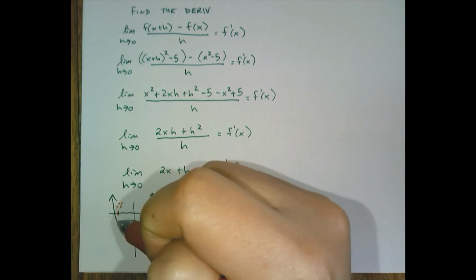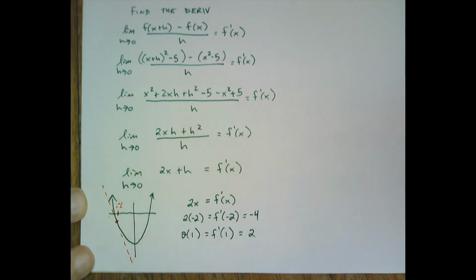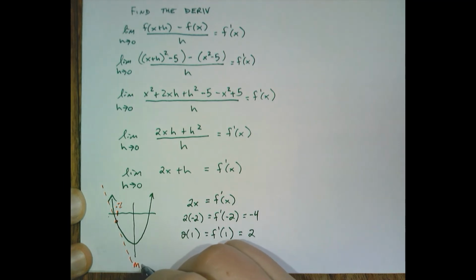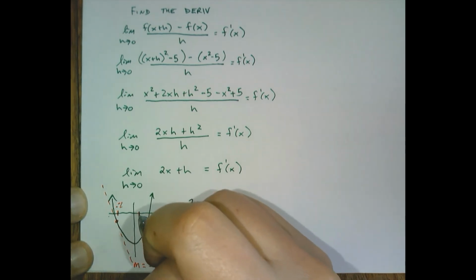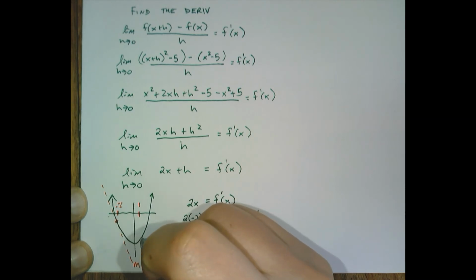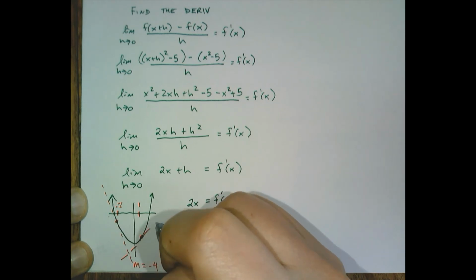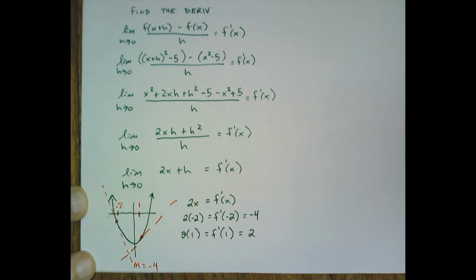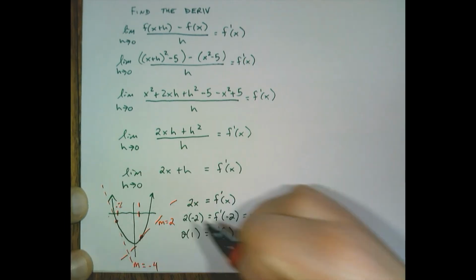Here at -2, the slope of the graph we found was -4. Then we asked, what is the slope at 1? So this is like saying over here at 1, what is the slope of the graph there? It's a terrible, not straight line. The slope of the function at 1 is 2. So this has a slope of 2.